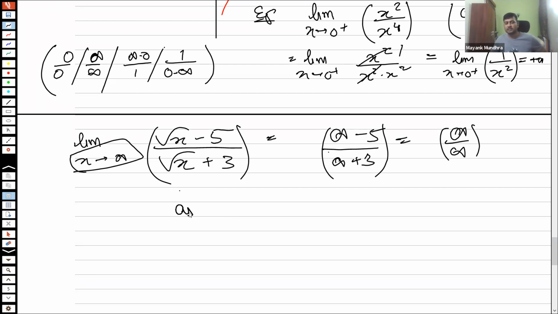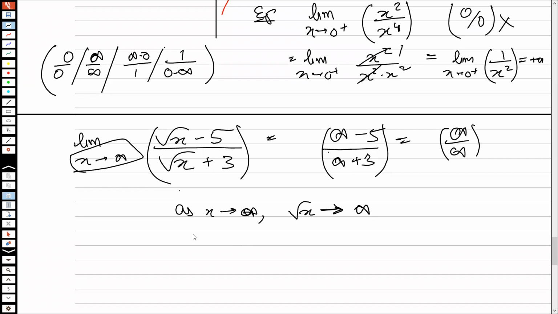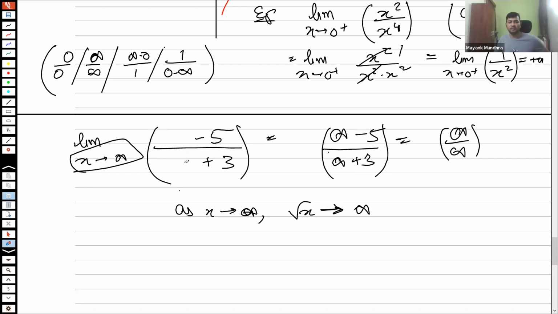As x tends to infinity, what happens to root x? Kashish, all questions are going to be directed to you. What happens to root x, Kashish? As x becomes infinity, what happens to root x? So infinity. Very good. So I can replace this root x with t. Then you can basically divide both the numerator and denominator by t.